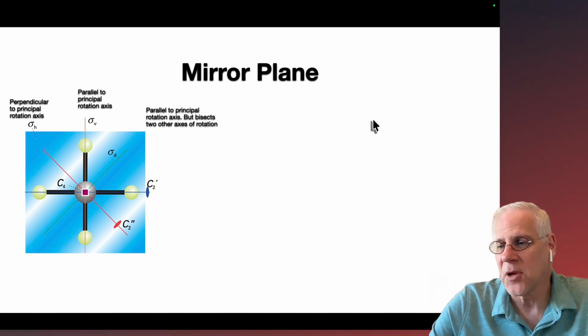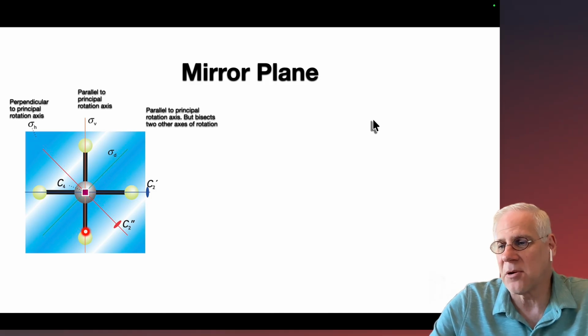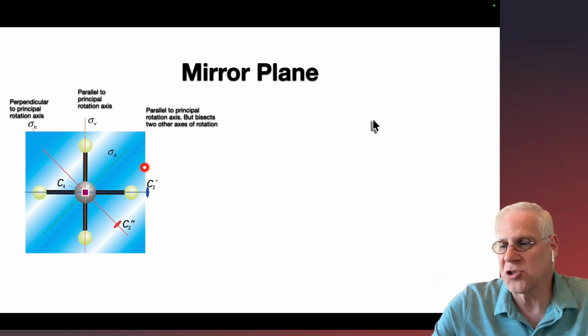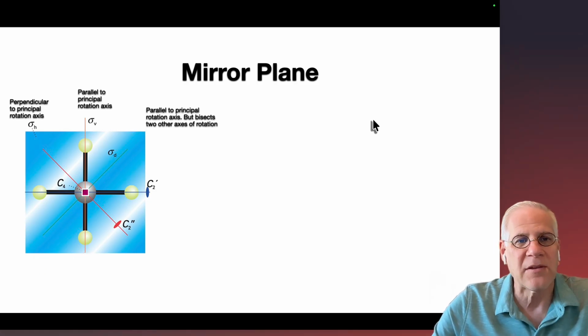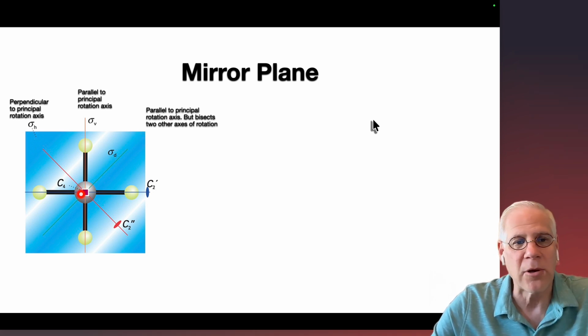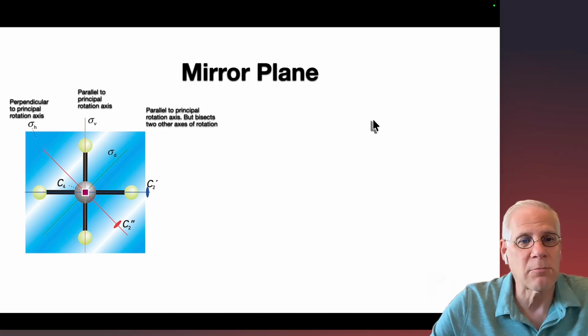It is parallel to this rotation axis, and because it's parallel to it and running through it, we say that it is a sigma V. We have the blue square around here. That is a horizontal mirror plane, so it is perpendicular to our primary rotation axis, and the primary rotation axis would have the highest value here, so this is a C4. And so that's our sigma H, horizontal mirror plane.